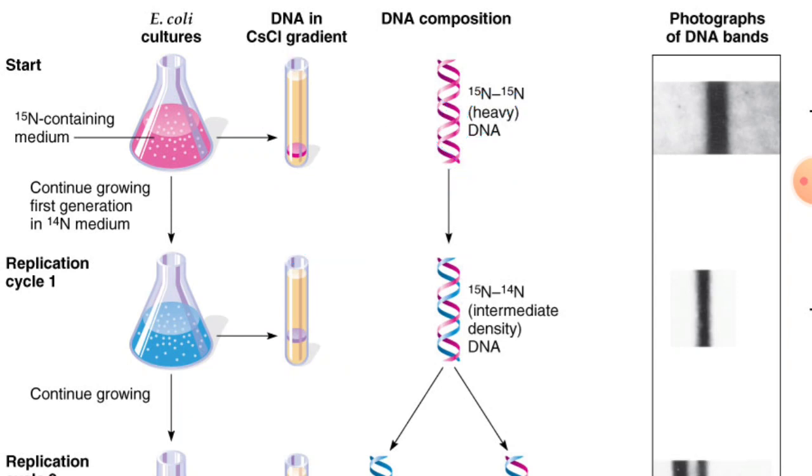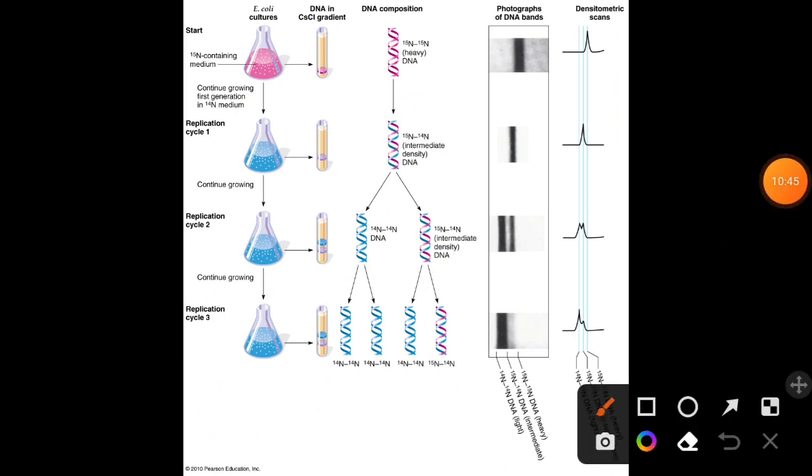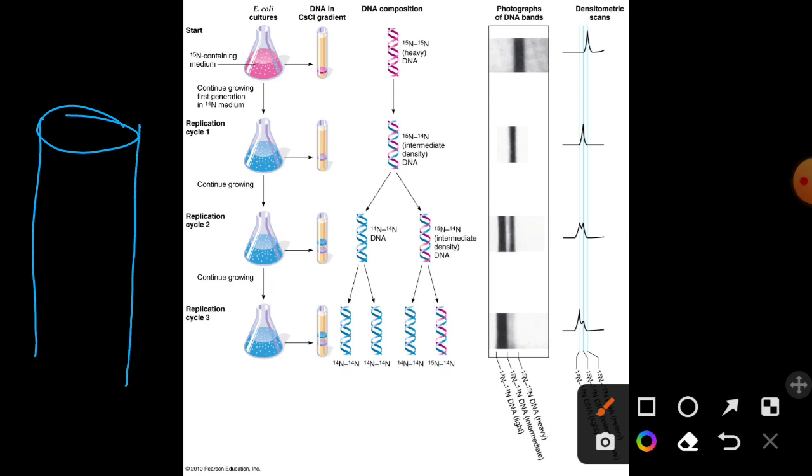It simply means, because the basis of isopycnic centrifugation is, DNA will stop migrating downwards when it gets an environment whose density is exactly equal to its buoyant density. And as a result it will form a band.